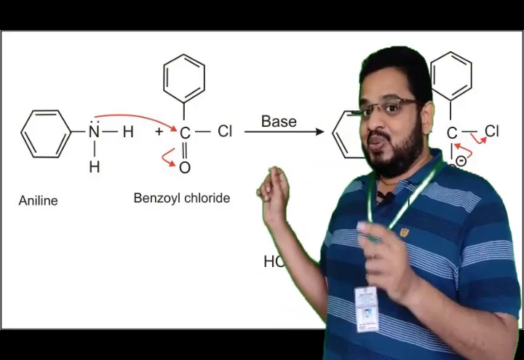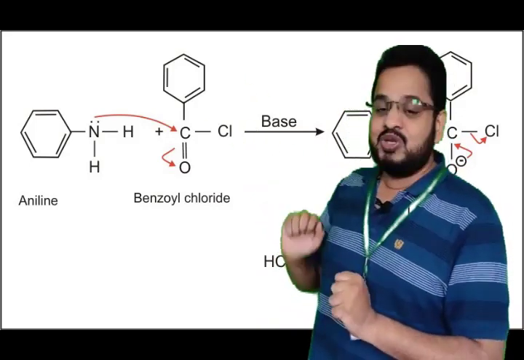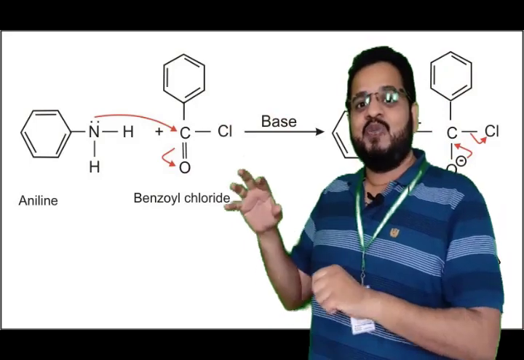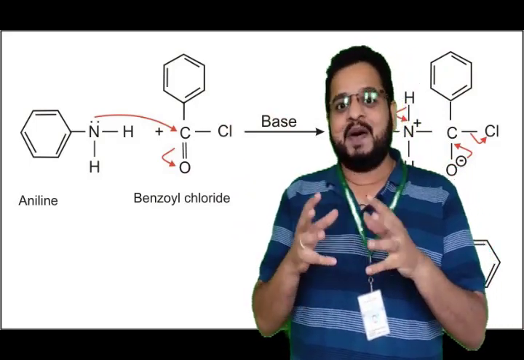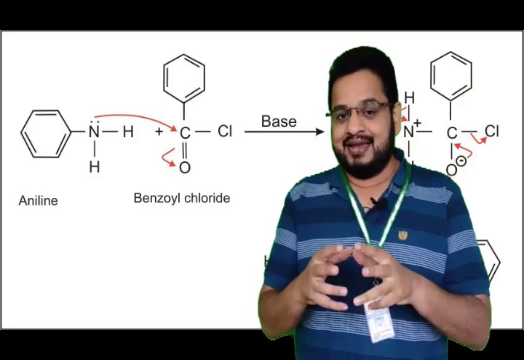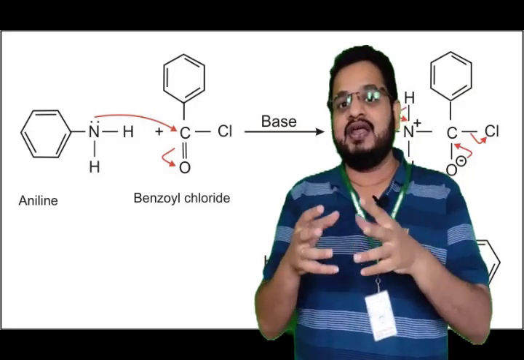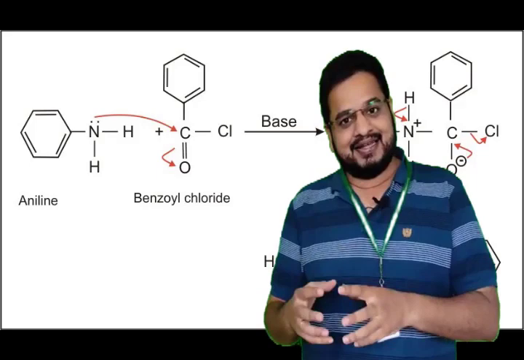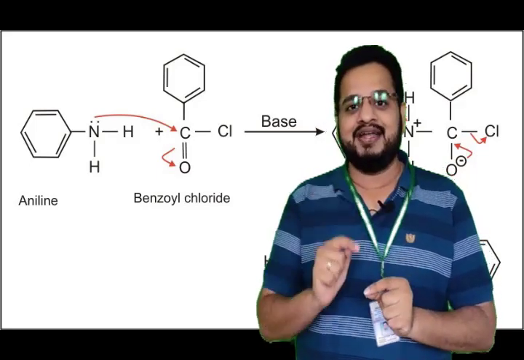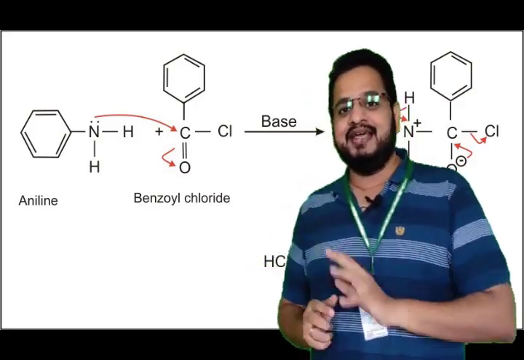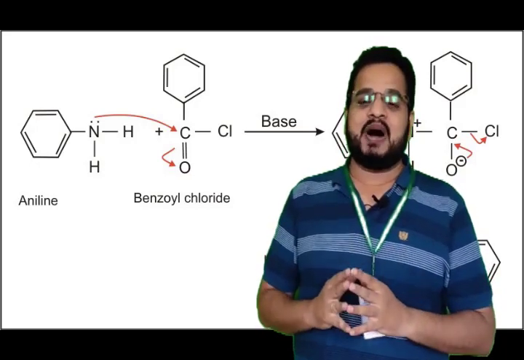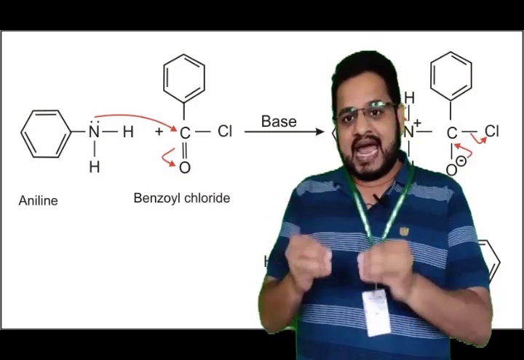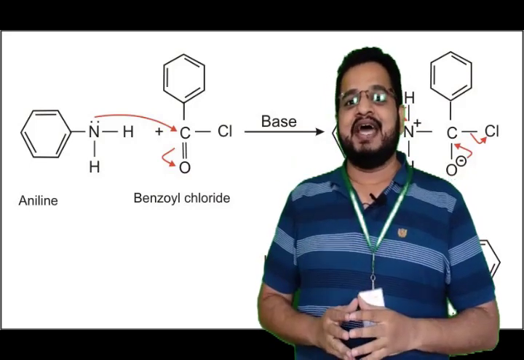This OH will take away the proton from aniline and form a water molecule, and ultimately you will get the benzanilide, nothing but the N-phenyl benzamide, that is the formation of amide from the aniline compound. This is the mechanism of the reaction. In the next part we will see how exactly it can be synthesized in the lab.